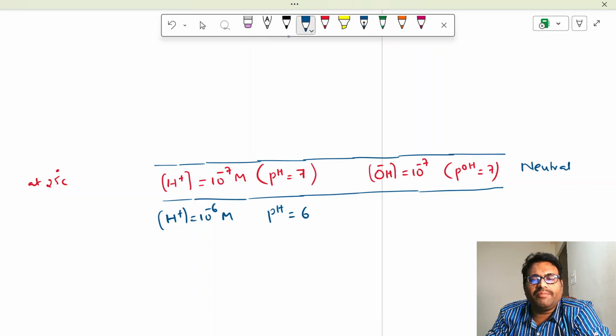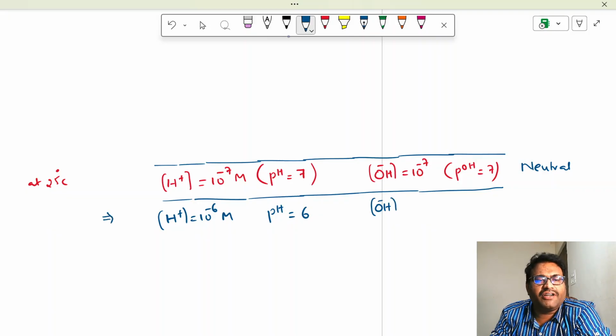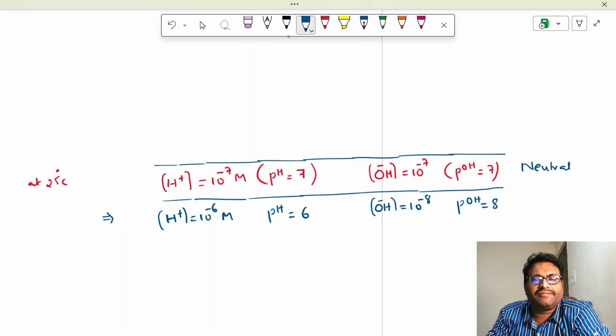Then what will be OH minus ion concentration for this 10 power minus 6 molar H plus? OH will be 10 power minus 8. Then pOH will be equal to 8. And we know that pH plus pOH must be equal to 14. So here 6 plus 8 is equal to 14.